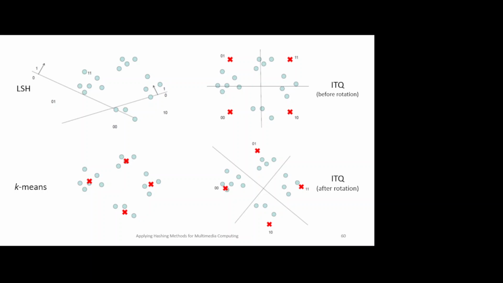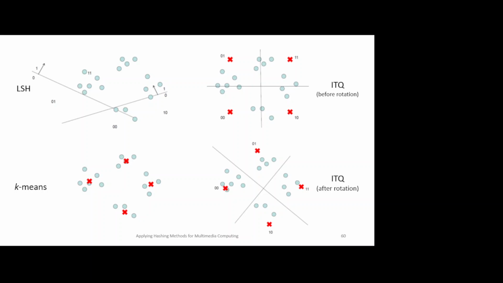The centroids well describe the data distribution of this data set. In general, k-means can produce the minimum quantization error, because in each group the quantization error from the point to the centroid is very small compared with others.